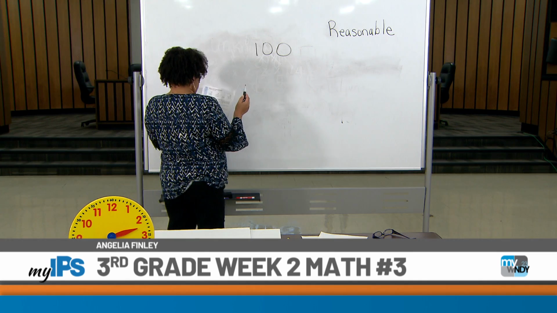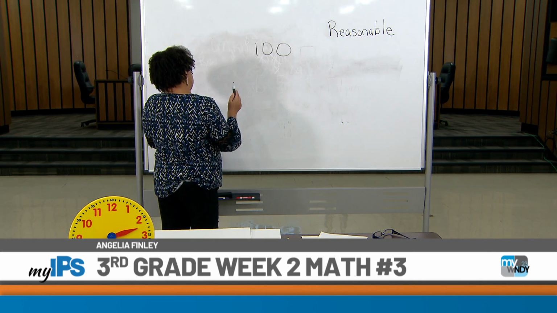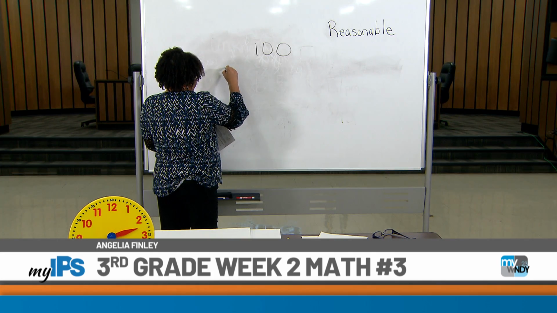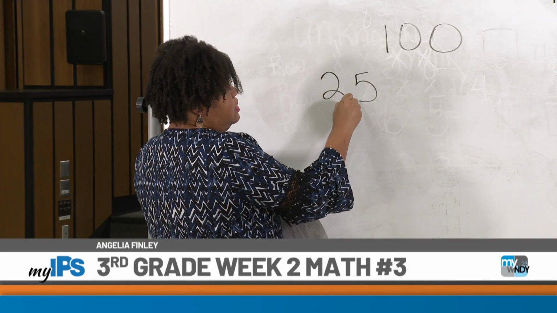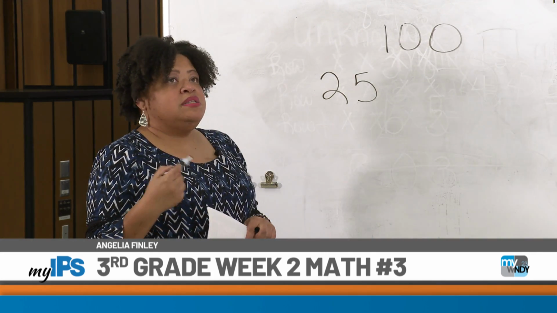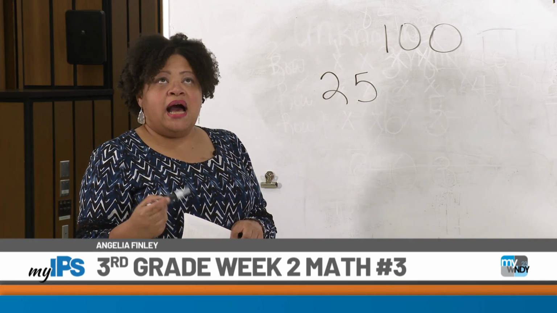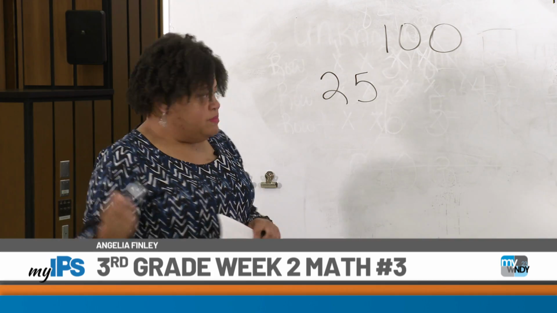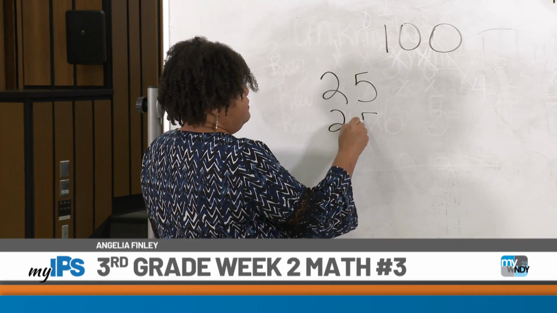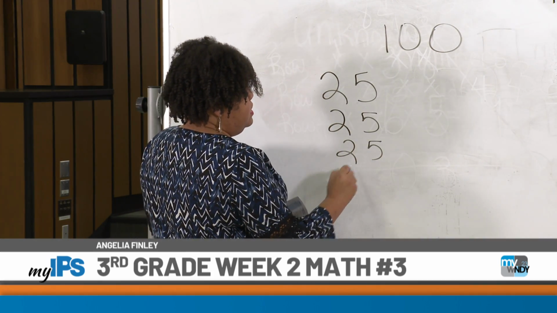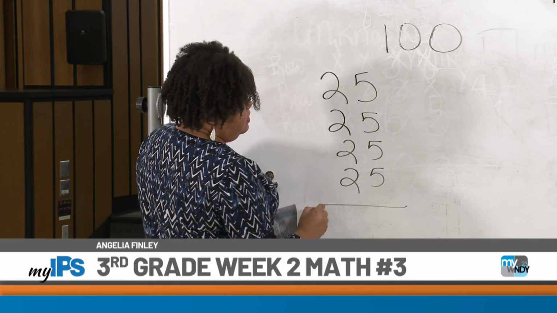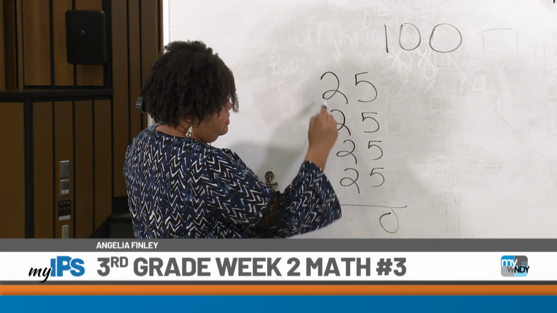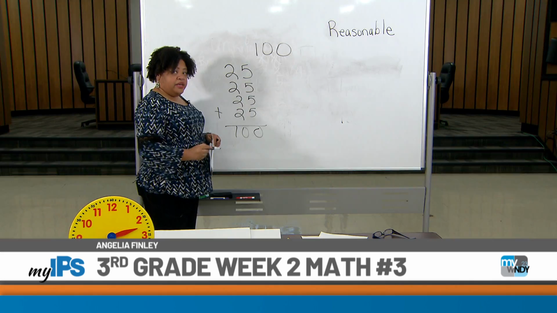So I can use, if I take 25, like 25 cents is a quarter, how many quarters does it make to make $1? So if I took 25, 25, 25, I would get 100, right?